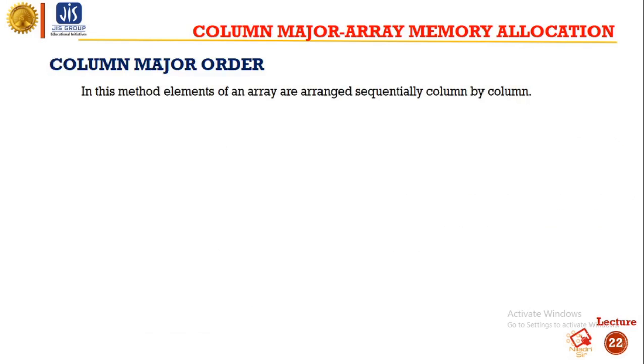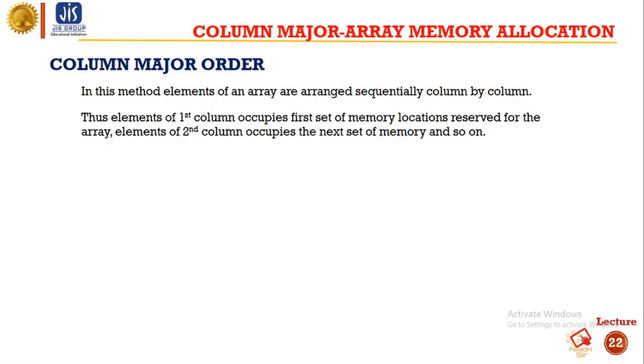In column major, elements of an array are arranged sequentially, column by column. The first column occupies the first set of memory locations reserved for the array, and the elements of the second column occupy the next set of memory, and so on.